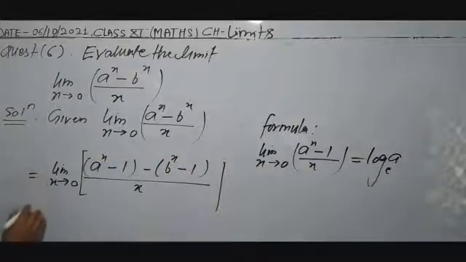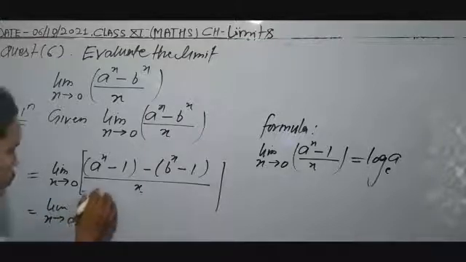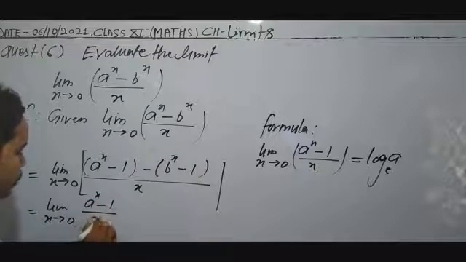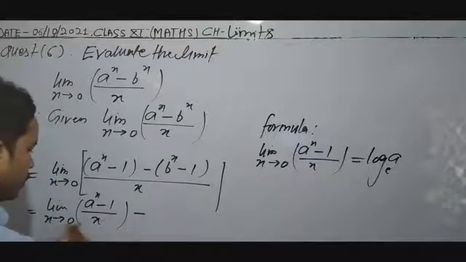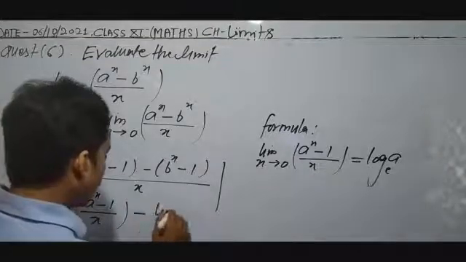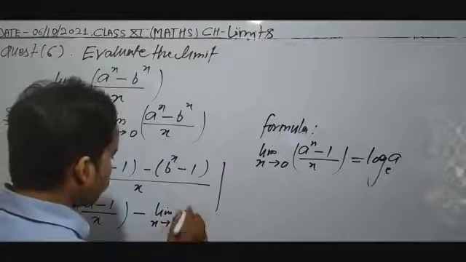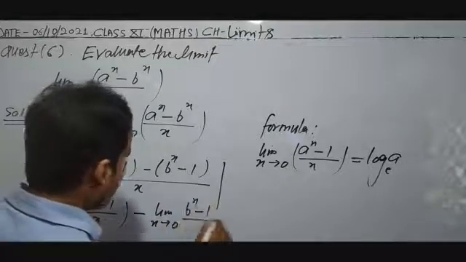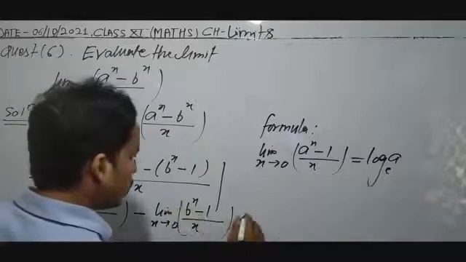Now we can write this as limit x tends to 0 a to the power x minus 1 whole upon x, minus limit x tends to 0 b to the power x minus 1 whole upon x.